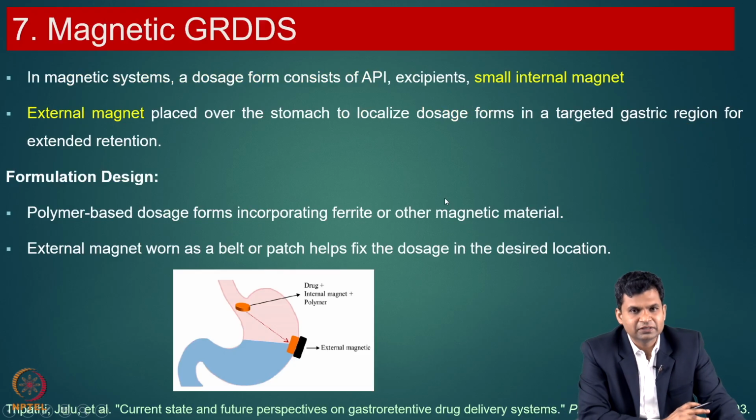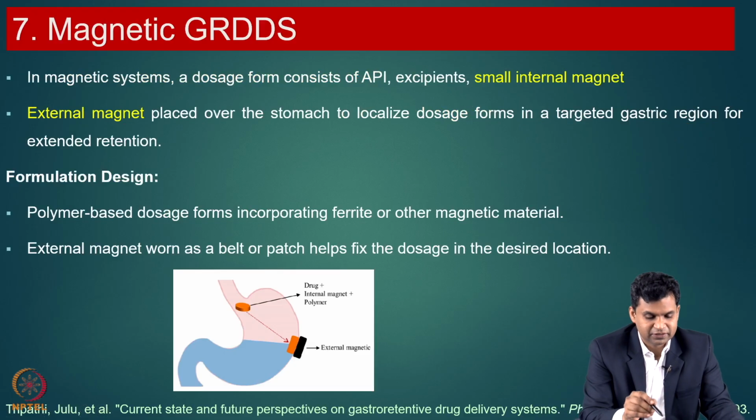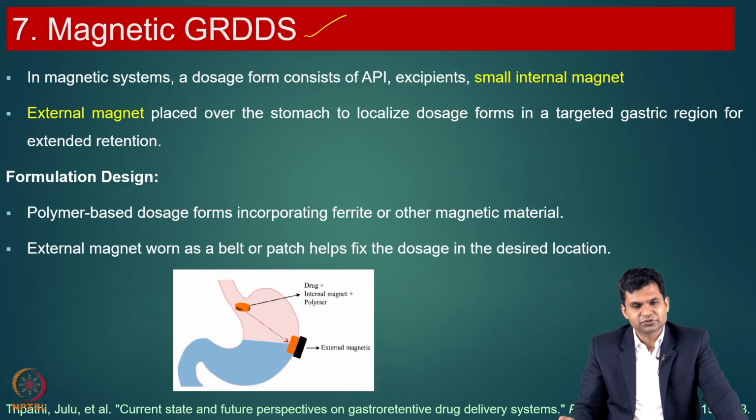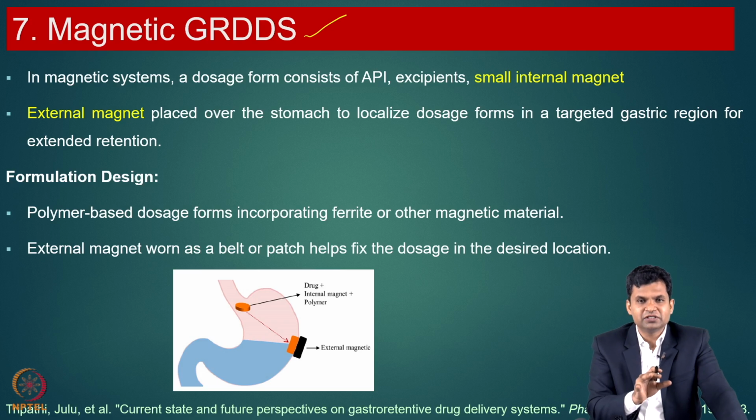So, seventh one, we are going to discuss the magnetic gastroretentive drug delivery systems. In most of the cases of gastroretentive systems, we are dealing with various types of excipients that have specialized properties.